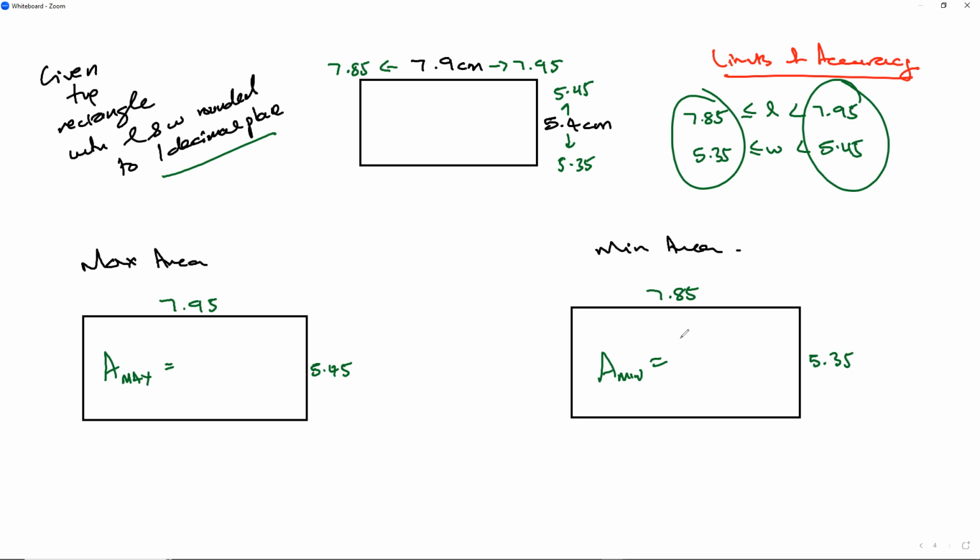So 7.95 multiplied by 5.45 comes to 43.33 centimeters squared. And then 7.85 multiplied by 5.35 comes to 41.99, which actually rounds up to 42 to two decimal places, 42.00 centimeters squared.